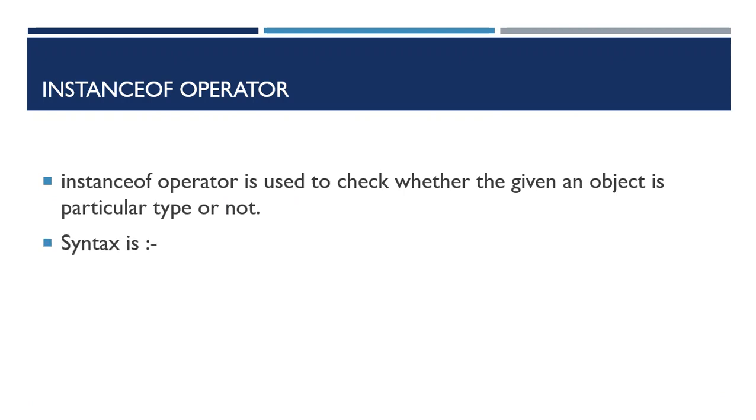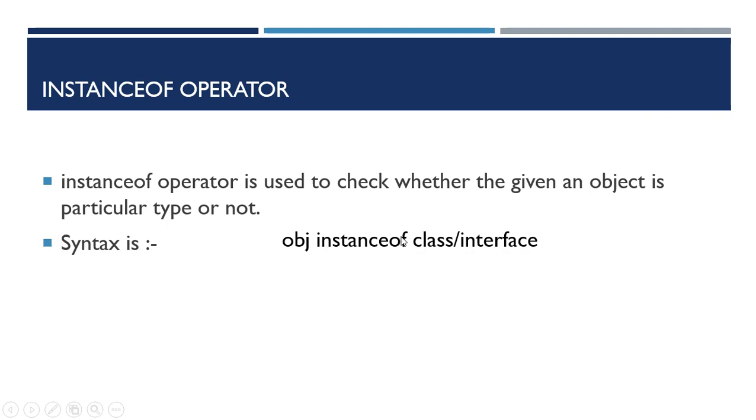Let's see the formal syntax to use the instanceof operator. On the left hand side we take an object, and then we need to use the operator. As we know, instanceof is a keyword, so all the letters of the keyword are always in small case.